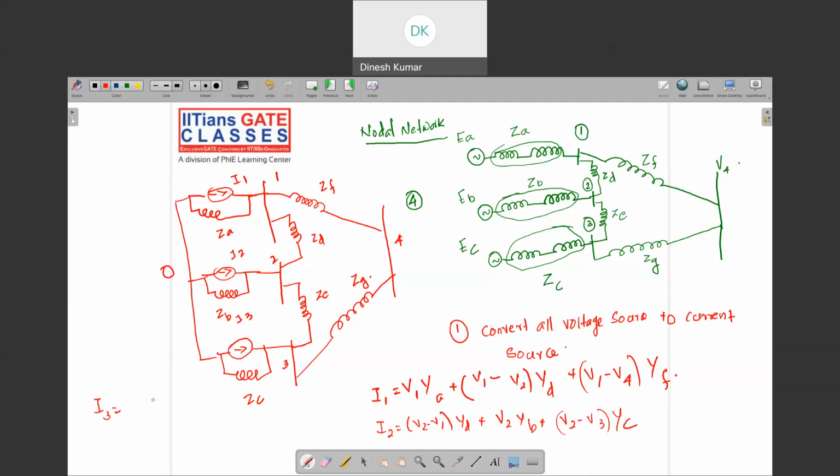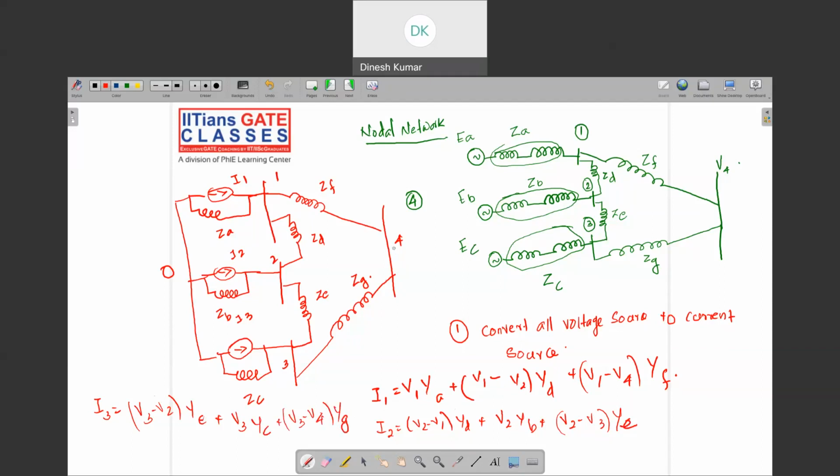Then V3 minus V2 into YC plus V3 into YE, plus V3 minus V4 into YG, right? So that will be I3.